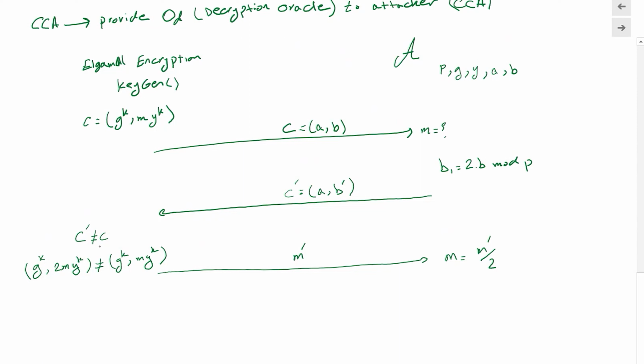We said that the oracle would accept to respond to this query, and the reason is that the ciphertext is different from the challenge ciphertext. If we look closely, after you multiply by 2 mod P on the B side, this is the encryption of 2M Y to the K, not M Y to the K, right?